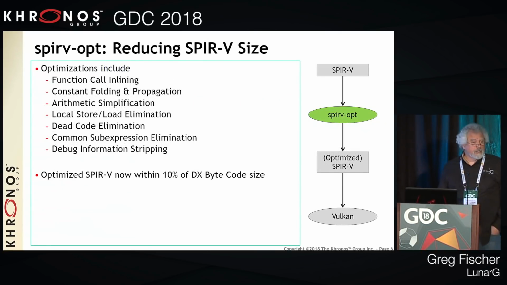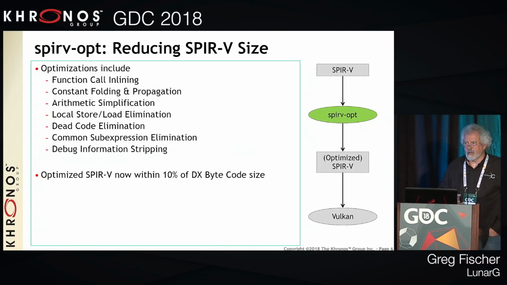So, reducing size. When I first got involved with this, we were interested in reducing the size of SPIR-V as it was generated by the GLSlang validator. It was like most front ends, generating fairly raw, fairly inefficient code.